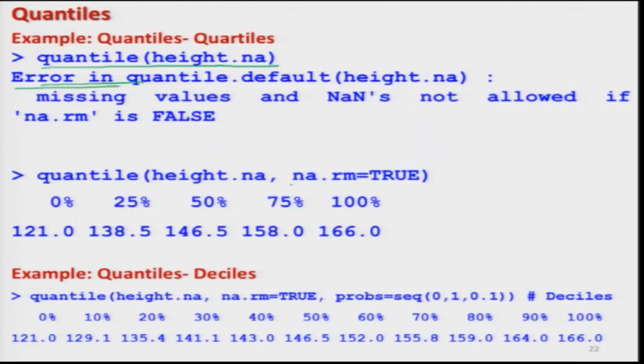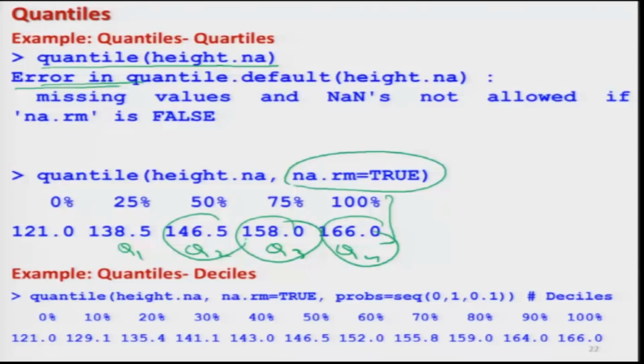And so, I add in the quantile command na.rm is equal to TRUE, and this gives me this data, that is the first quartile, second quartile, third quartile and fourth quartile. Right.